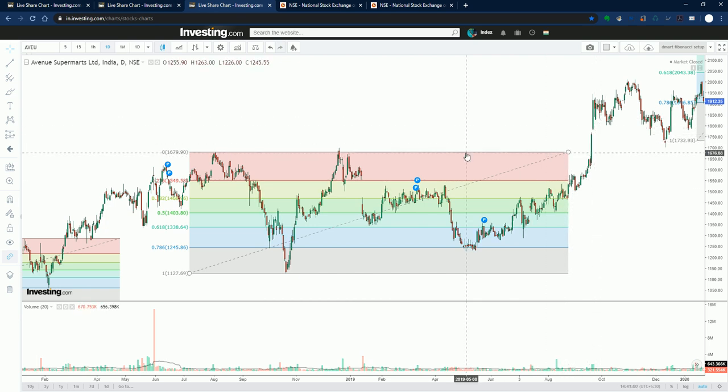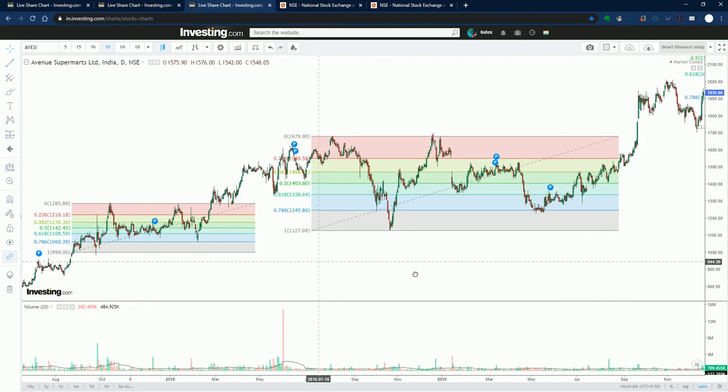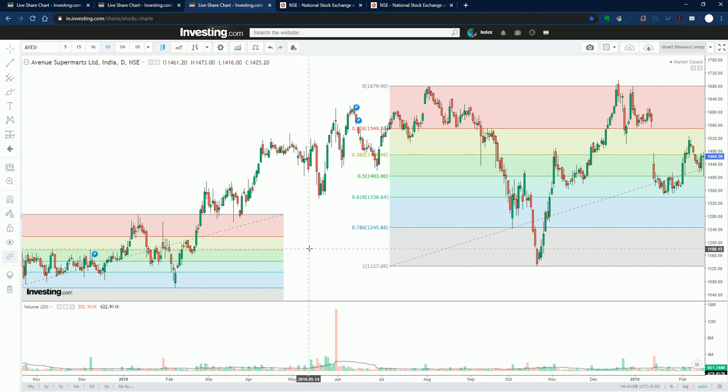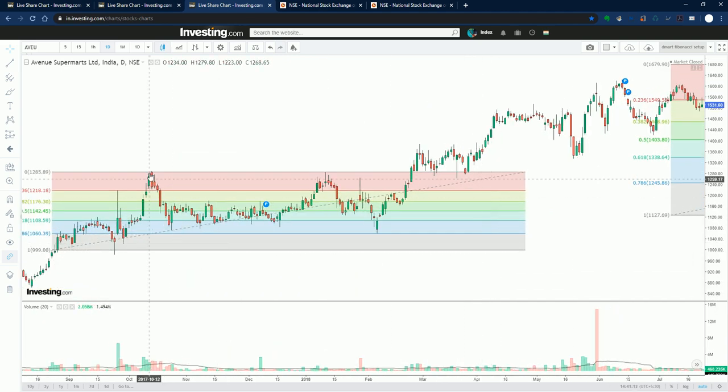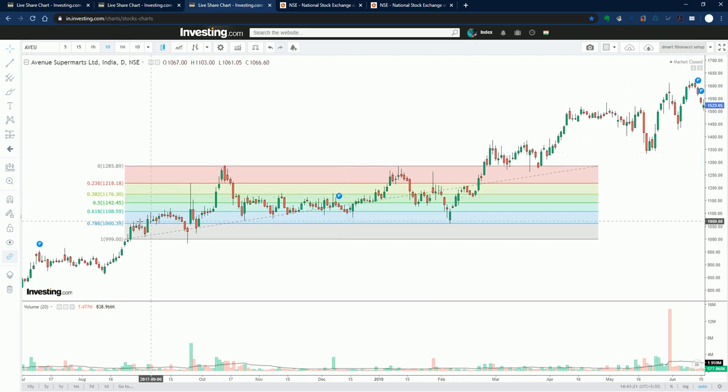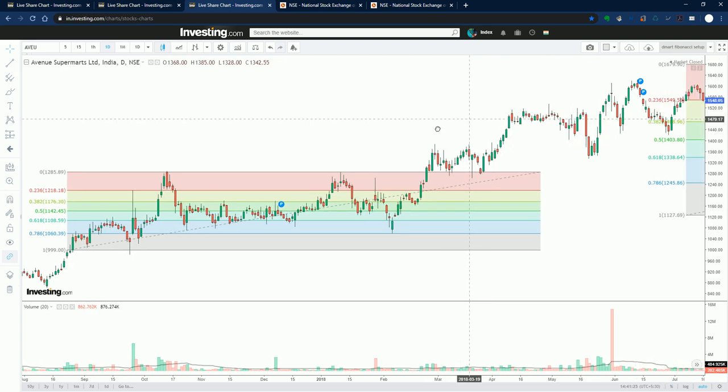After breaking the 1679 level, it gave a breakout. Before that also, in this timeline, we can see a single top, a second top, and it falls back to the 78.6 level, and then it moved up.